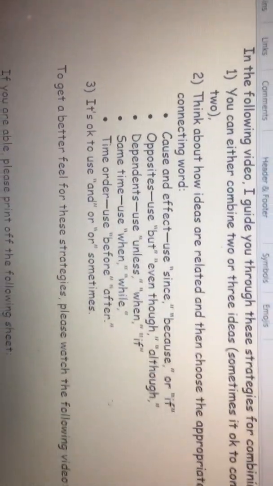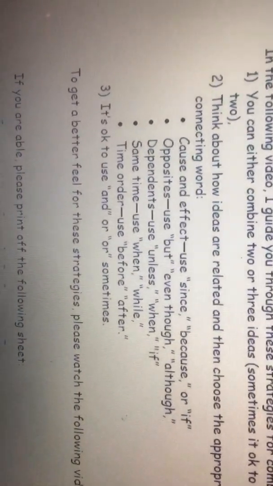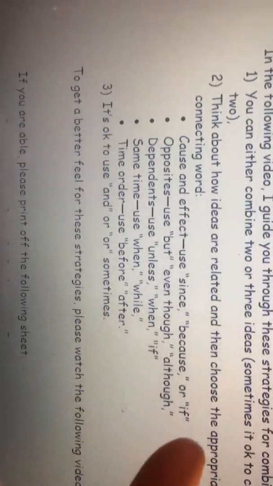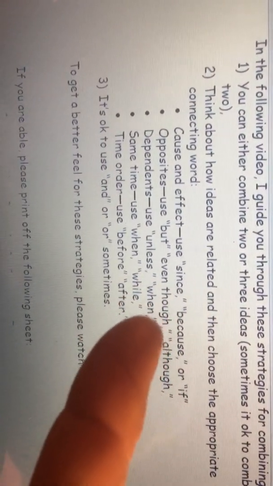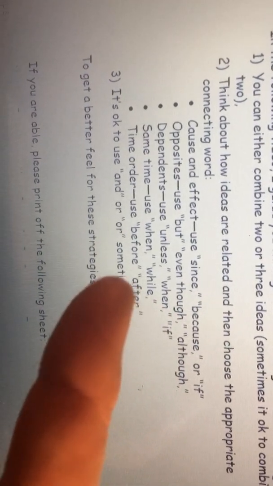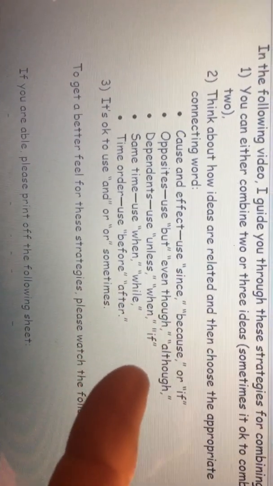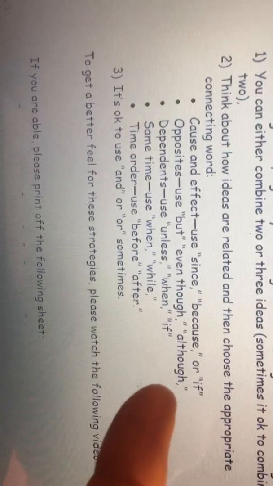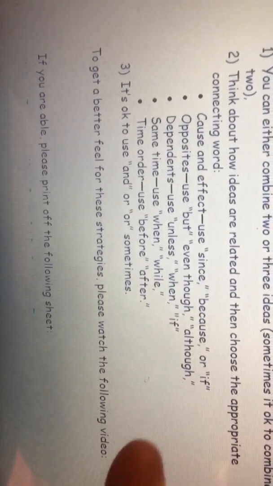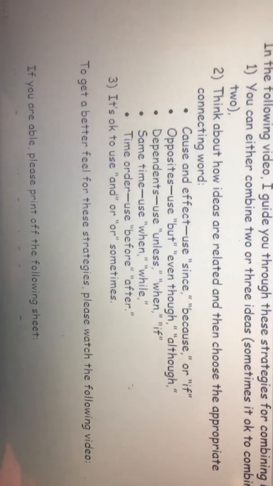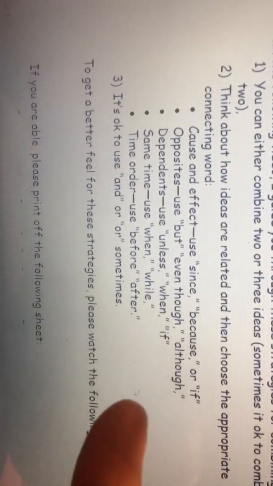So you can combine 3 ideas or 2 ideas. Here's all the key words to use if you think it's a cause and effect situation or an opposites or a dependence or a same time. I'll add in that if one sentence tells what another sentence means, you can use appositives. I'll put that in there before you get this, okay?